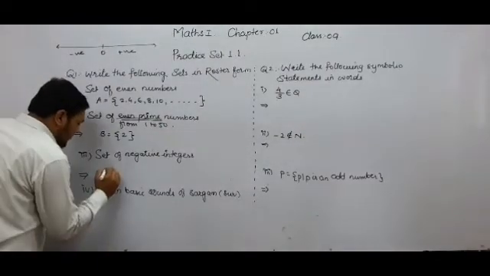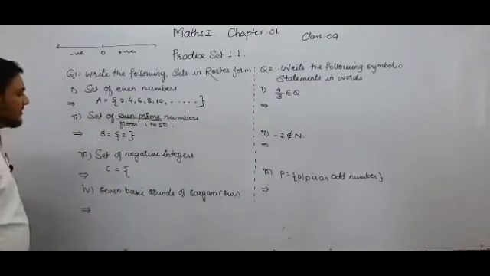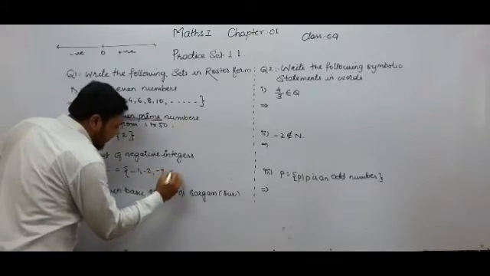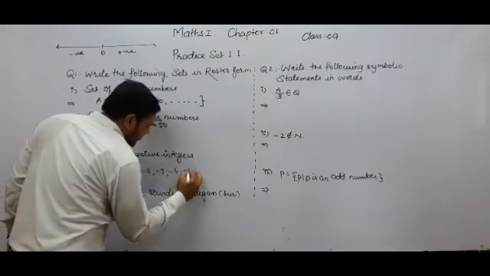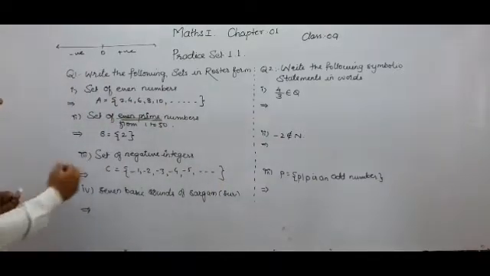I will represent this set by C. C equals curly bracket, and negative integers are negative 1, negative 2, negative 3, negative 4, negative 5 and so on. This set is also infinite because negative integers are infinite.